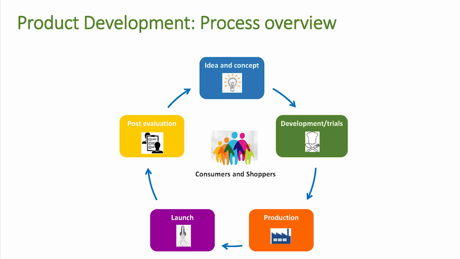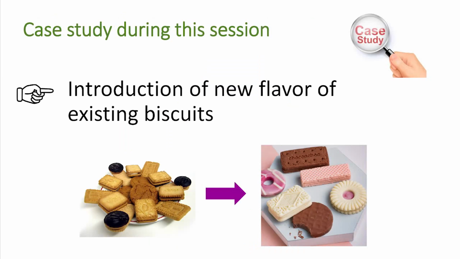During the next session, we'll dig more into each step. In order to talk about those steps, I would like us to use an example because when we are talking about theory, it's always important to make it practical in our minds so that it will work more.